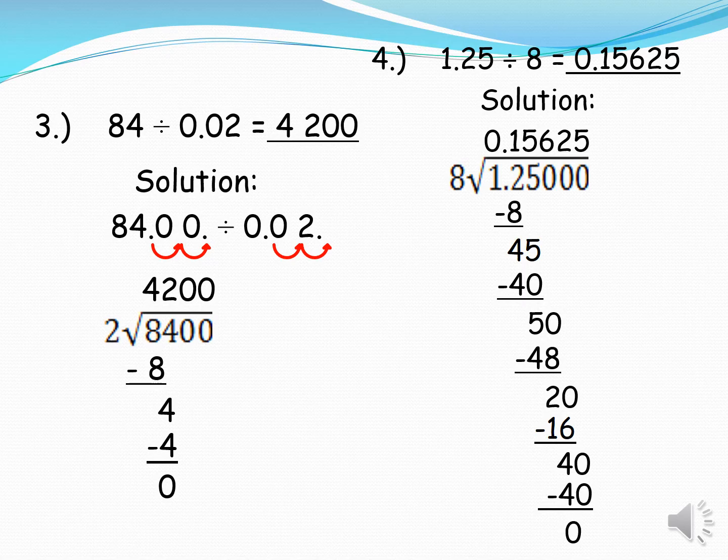So 20 minus 16 is equal to 4. Affix again another 0 to make it 40. So we have 40 divided by 8 is equal to 5. 5 times 8 is equal to 40. 40 minus 40 is equal to 0. So the answer is 15,625 hundred thousandths.